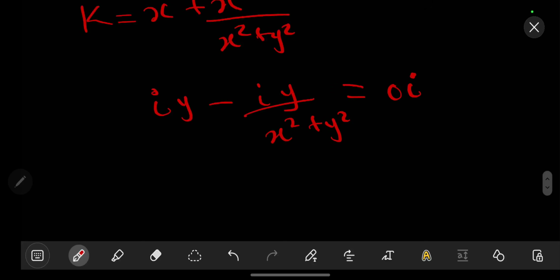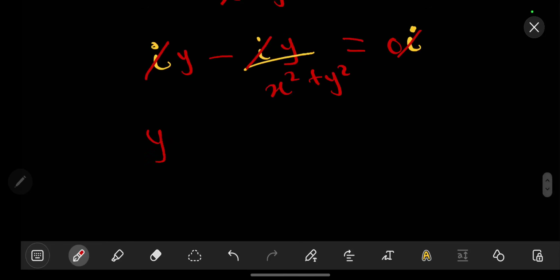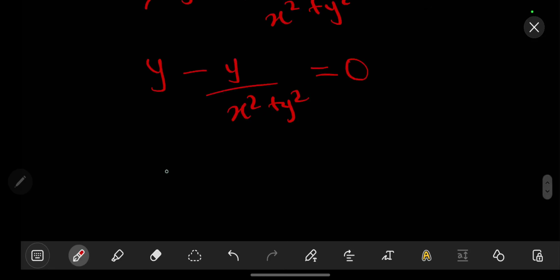So what we are going to do from here is that, firstly, if i is common throughout, it simply means we can divide it throughout. So we cancel that, we cancel that. What we are remaining with is y minus y over our x squared plus our y squared should be equal to 0. Find the lowest common denominator, which is our x squared plus our y squared.